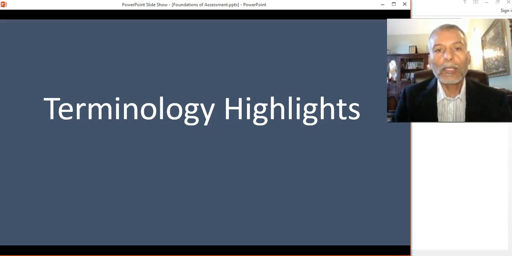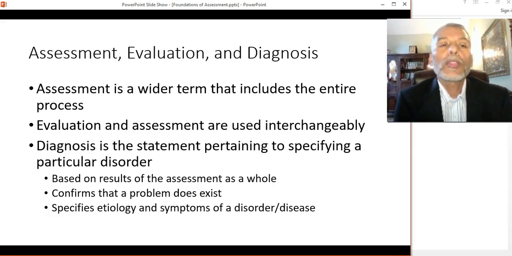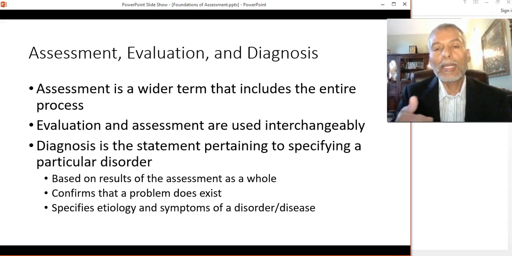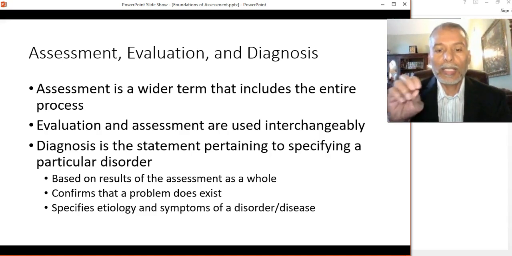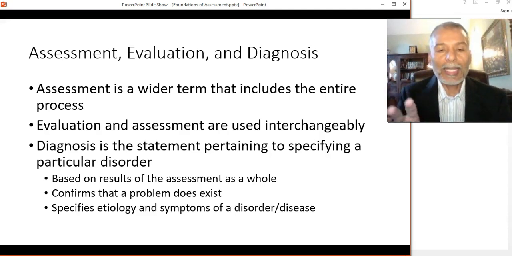So first, let's go again over some of the terminology. We know that the term assessment is a wider term that is used basically to include the entire process of testing, pre-testing and planning, and the aspect of sitting with the patient or the client, administering a particular test and interpreting it, the entire thing. So it's a wider term, and the term evaluation is under it technically.